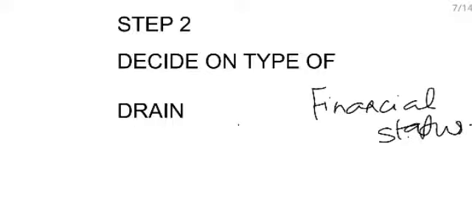A closed drain is much costlier than an open drain because the maintenance required is very high, plus the material required for construction is high. We have to check for corrosion. Manholes are required at a certain spacing, which depends on the diameter or dimensions of the pipe.